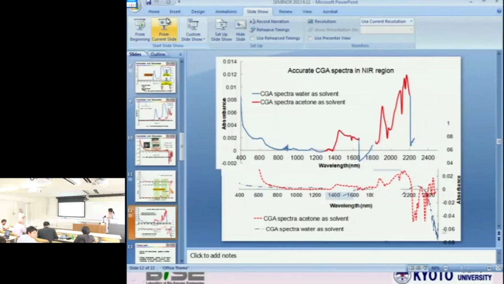So in this one here, between 1,400 and 1,600 is a zone where there is minimal interference. Why don't you just do your analysis in that wavelength only? I haven't tried. Maybe I should try.